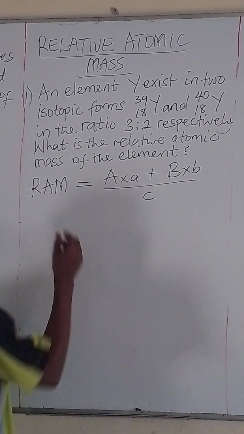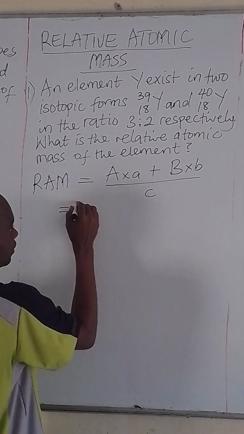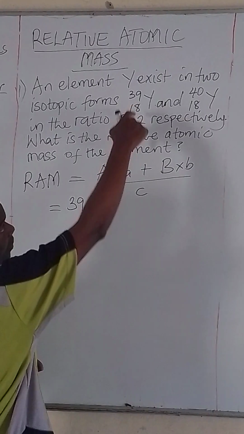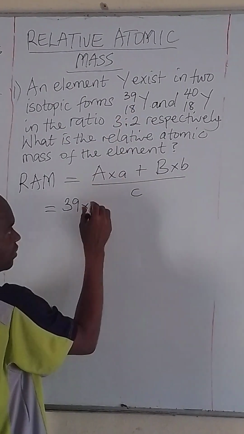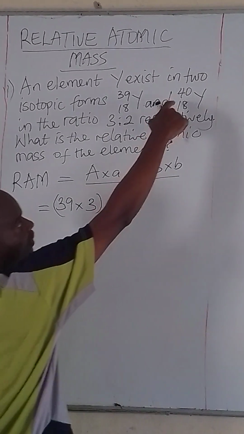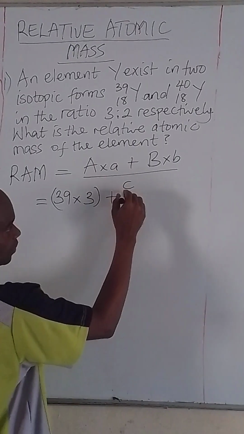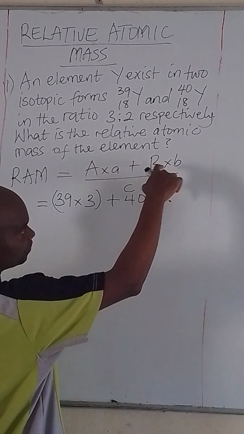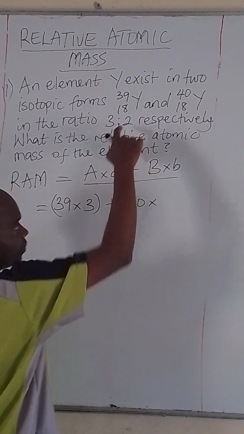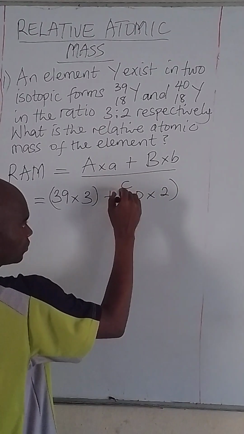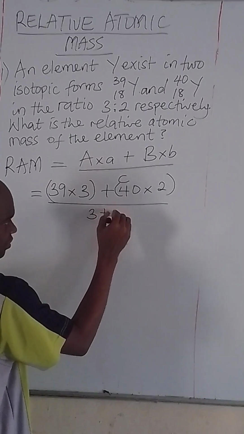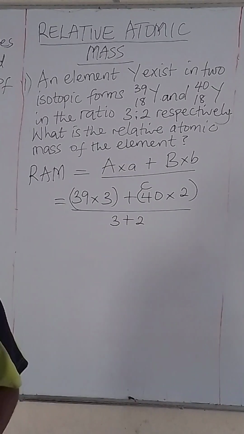By substitution, this will give us capital A is 89 times small a, the ratio of the first isotope, which is 3, plus capital B, which represents the mass number of the second isotope, which is 40, times small b, the ratio of the second isotope, which is 2, all over c, which is 3 plus 2.